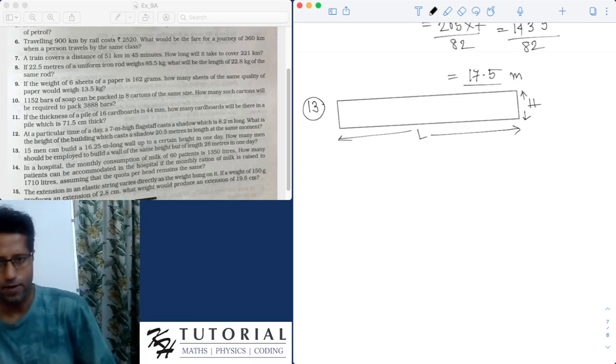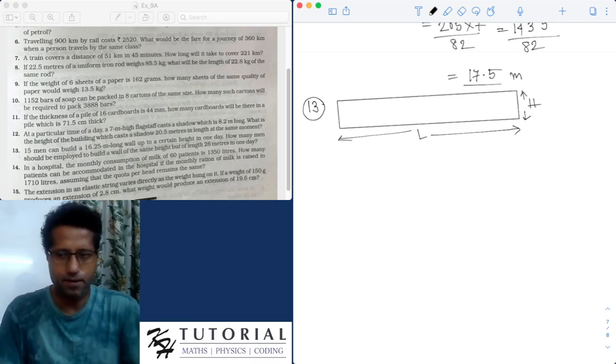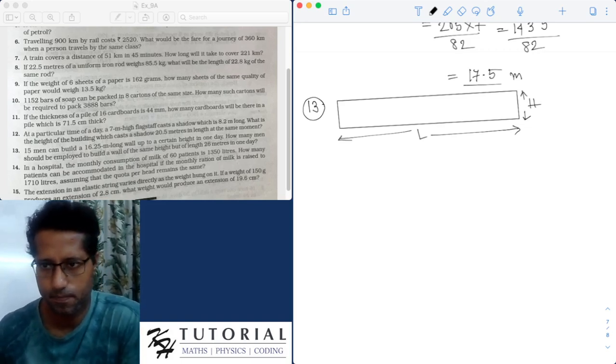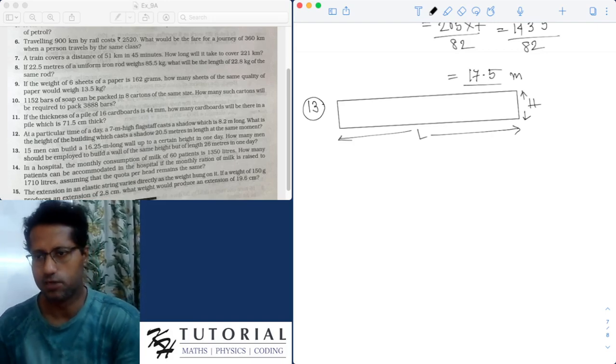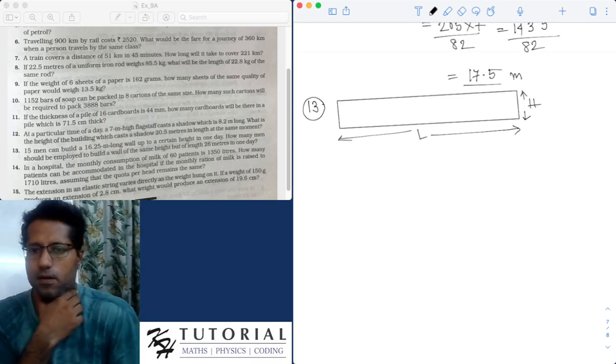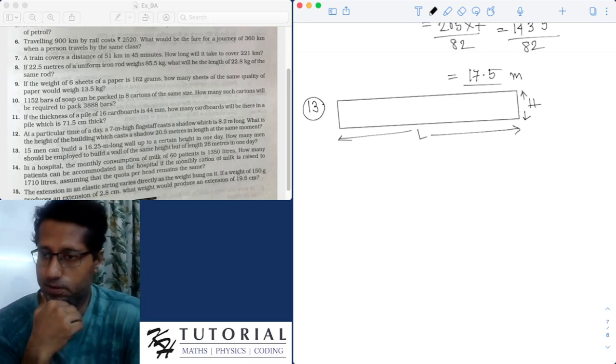So the fact given is that in one day, 15 men can build a 16.25 meter long wall up to a certain height. So how many men should be employed in one day to build the wall of the same height but of different length?